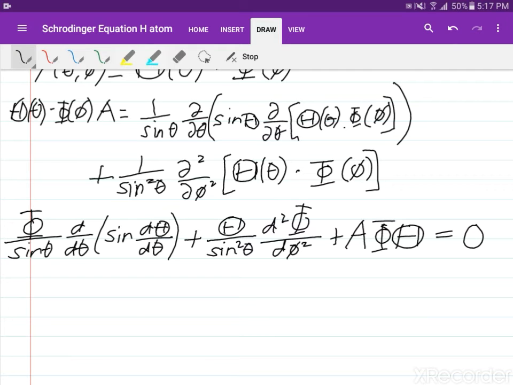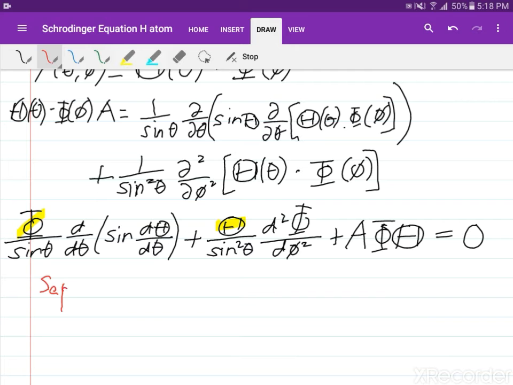Okay, so now, just like what we did earlier, we isolate the variables on this term and this term for the polar and the azimuth parts.